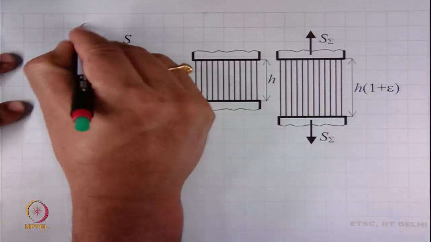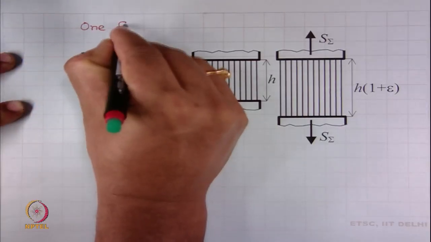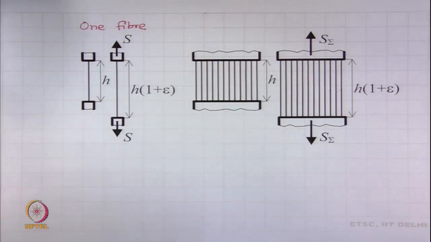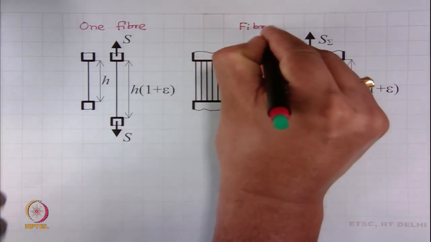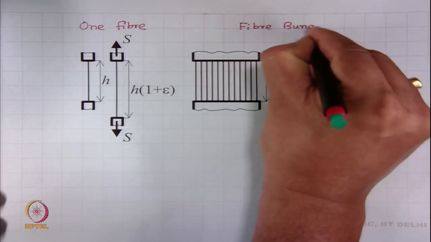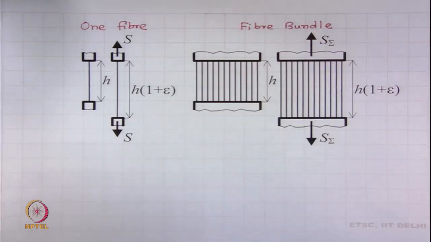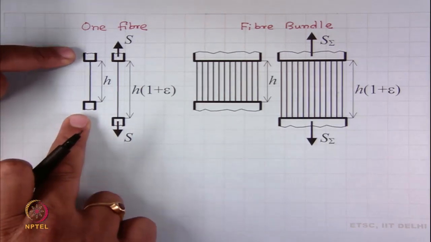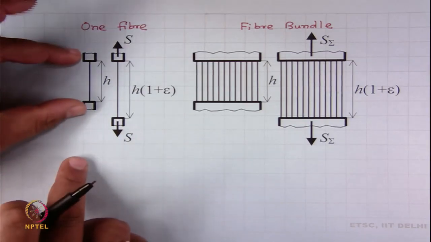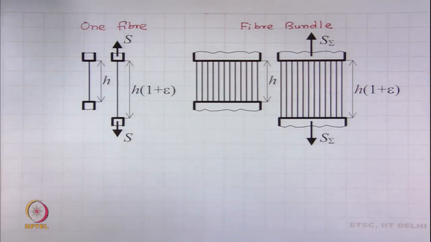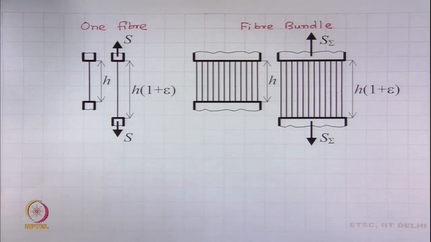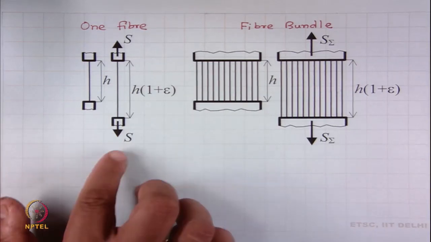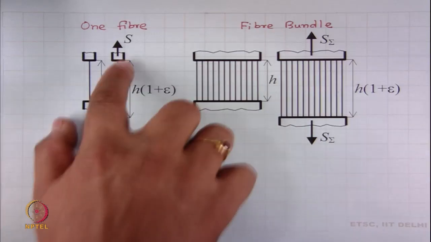Here is one fiber and there is a fiber bundle. What we see here, these are the jaws of a tensile tester. A fiber is gripped by both jaws of the tester, and here the distance between the jaws is h. When we apply a force capital S, it elongates.